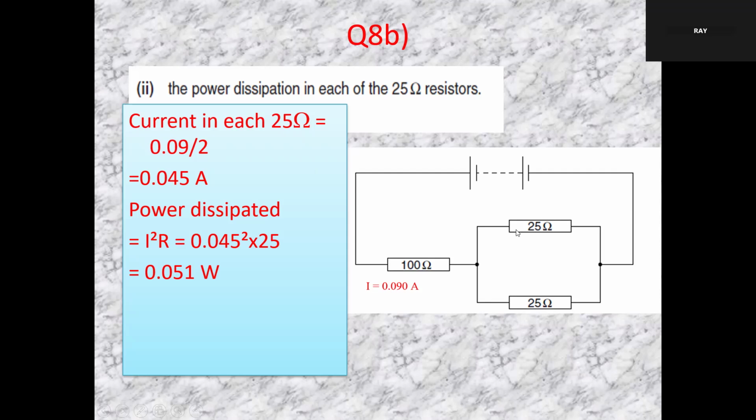Then we want to find power dissipated in either one of them. So it's I squared R. But I thought 0.81 is for 100 ohms only. Yeah, but when it comes to this parallel resistance, it branches into 2. So each of them will be half of this one. Okay now.